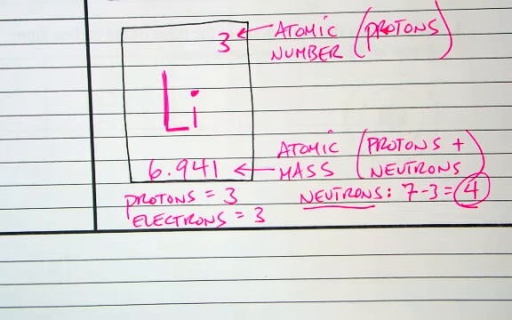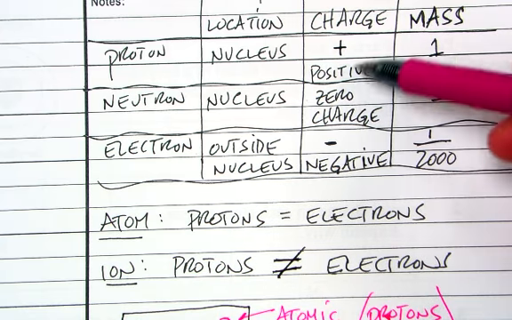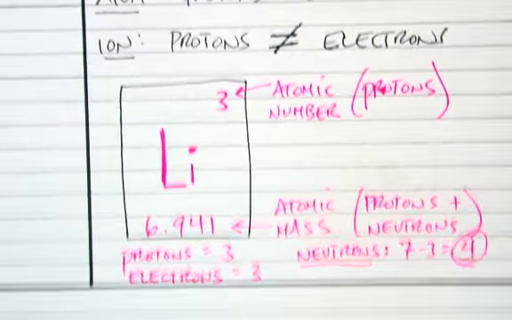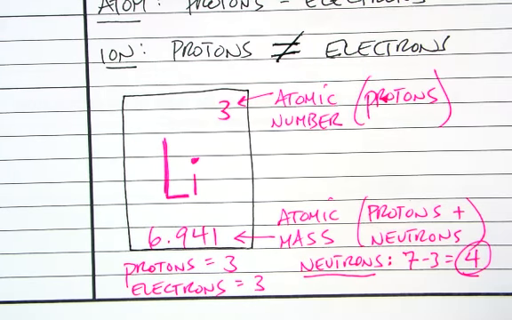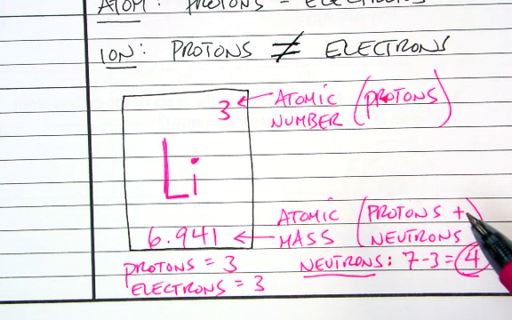We should know where all the different parts are located, what kind of charge they have, and their relative mass. The next thing I would want you to know from this is how we can use the periodic table to give us some of that information. So you're going to practice on our next worksheet, find the total number of protons, neutrons, and electrons on the next page here.